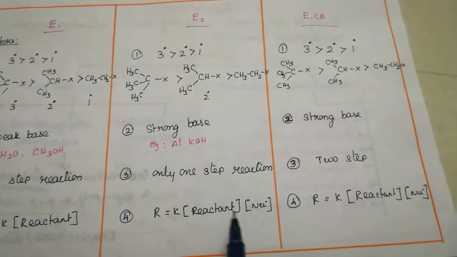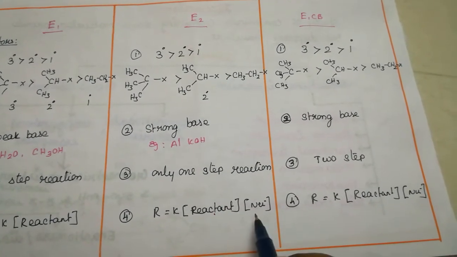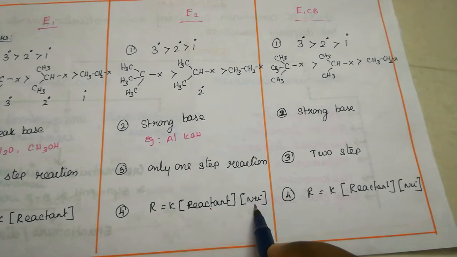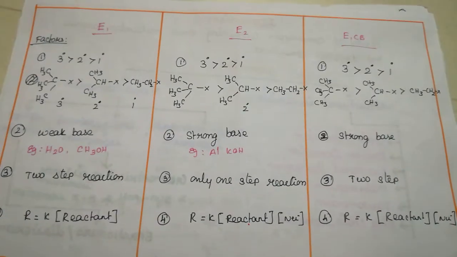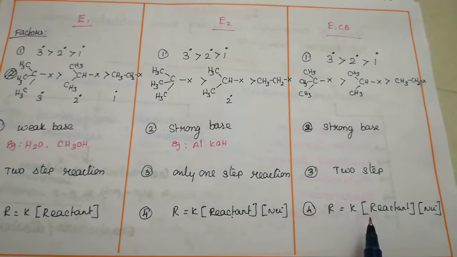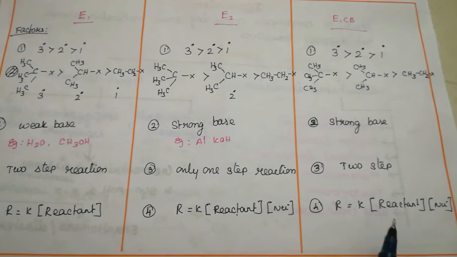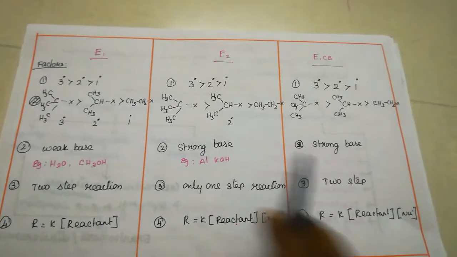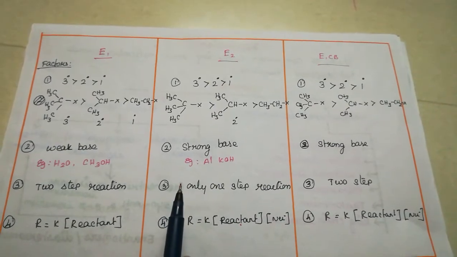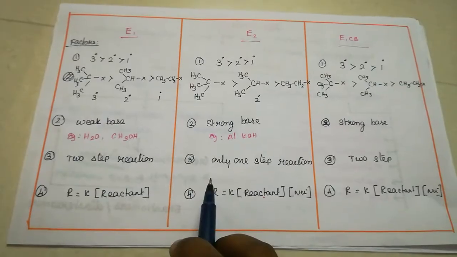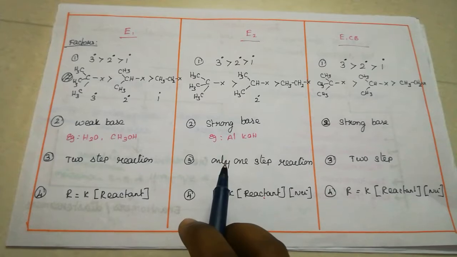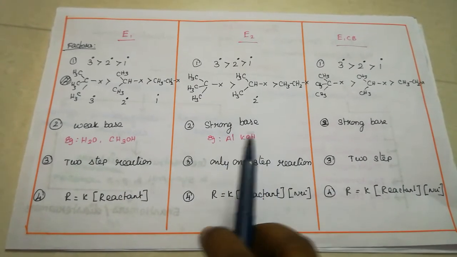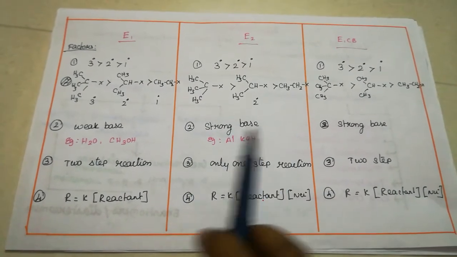One is the reactant concentration, another one is the nucleophile concentration. Here it is also the same as the E2 reaction. Those factors are very important in elimination reaction. Please keep it in mind.